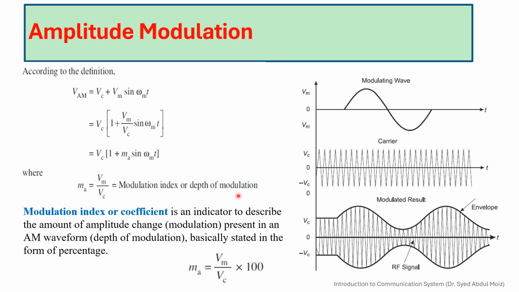It has different names in literature. So we can replace Vm over Vc by ma, and our equation is vAM = Vc(1 + ma sin(omega_m t)).